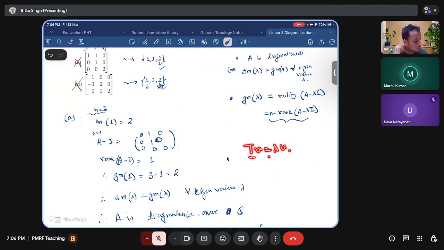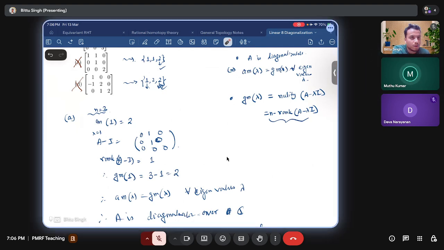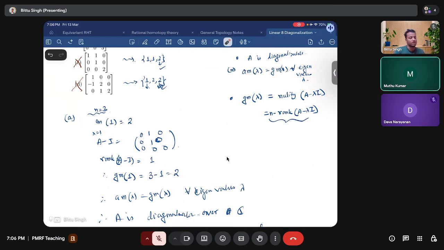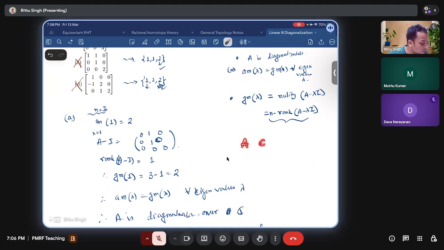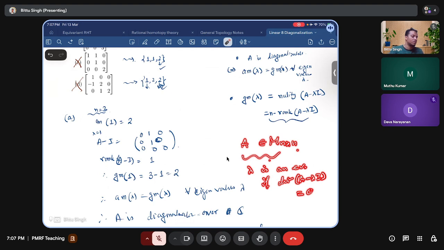But in the last assignment, they have marked it wrong. The problem is due to convention. For matrices, if A is an n by n matrix, people also say that lambda is an eigenvalue if the determinant of A minus lambda I is 0, and they also include complex eigenvalues in this case.